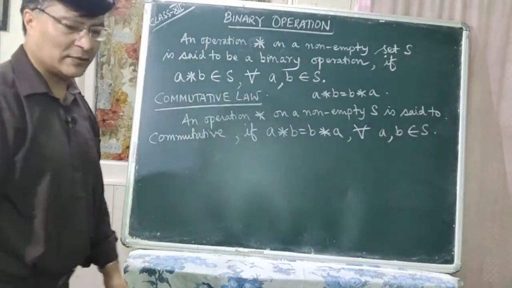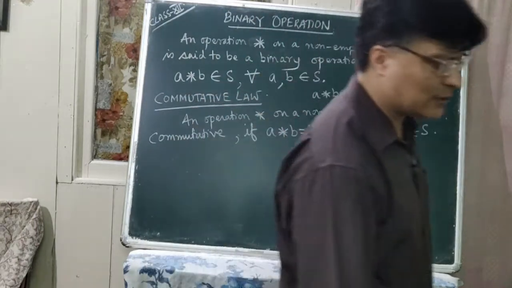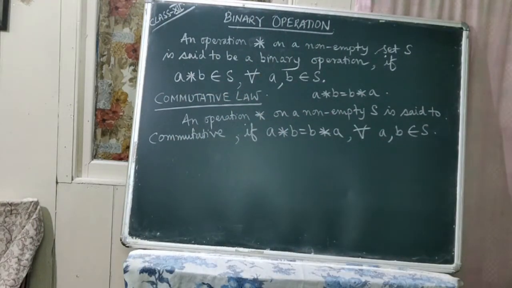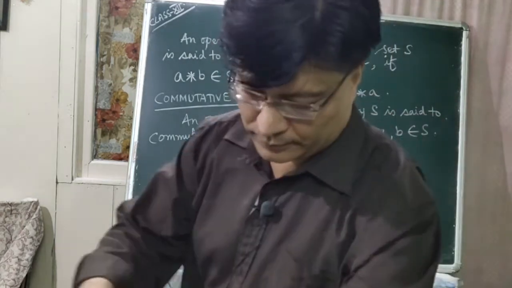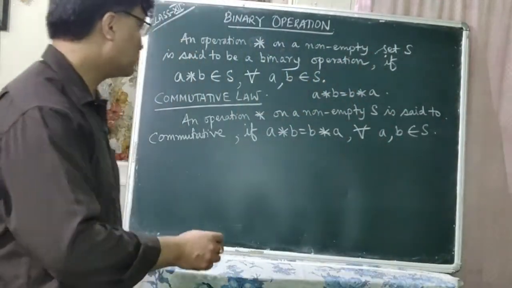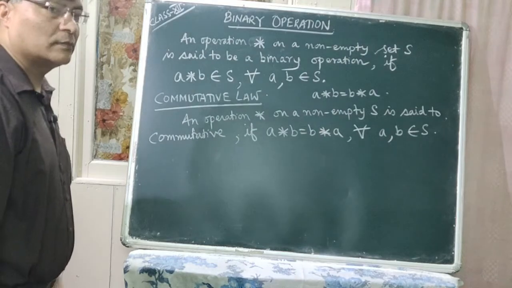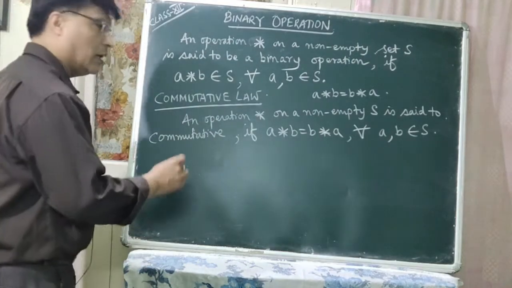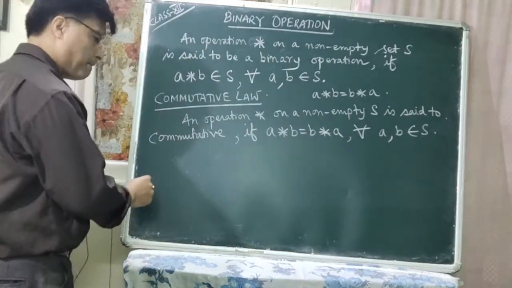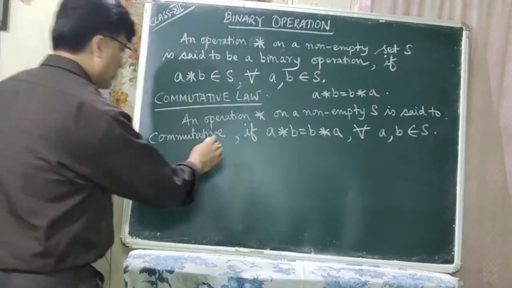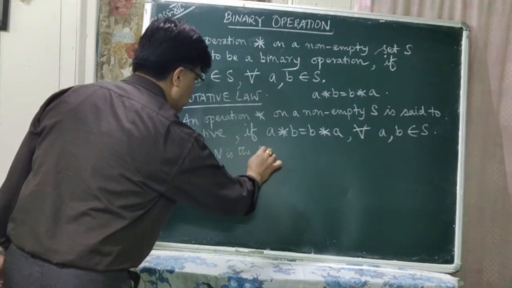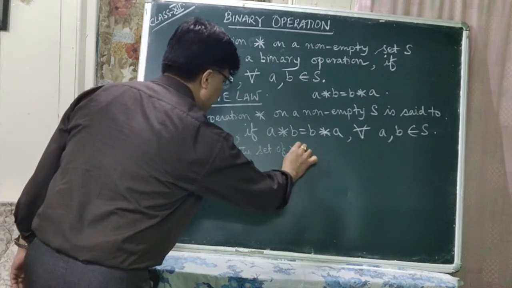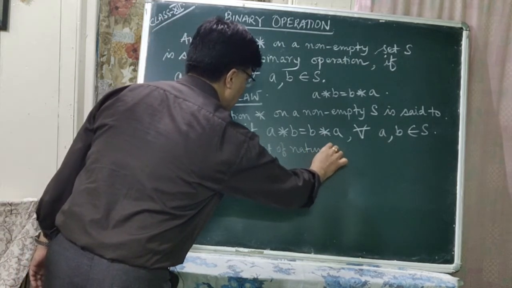So you can copy it. So let us take an example of commutative property. Suppose capital N is the set of natural numbers.